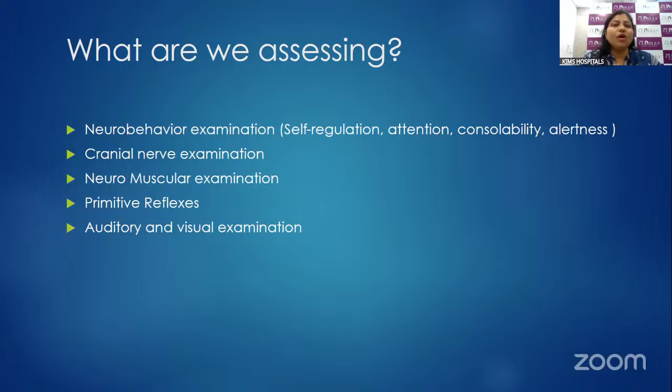Today I'm not going to cover the cranial nerve examination, the primitive reflexes, nor the auditory or visual examination separately, but definitely the neurobehavioral and neuromotor standardized assessments have components of auditory and visual exams as well. In fact, some examinations also include primitive reflexes. I will be telling what all things are there.